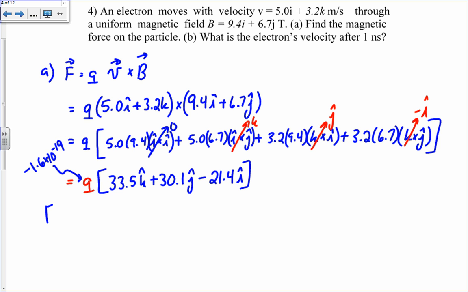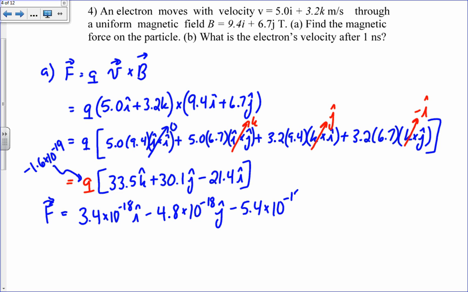And that'll give me my net force, my magnetic force, rather. It's going to be 3.4 times 10 to the minus 18 i minus 4.8 times 10 to the minus 18 j minus 5.4 times 10 to the minus 18 k. That's in newtons.